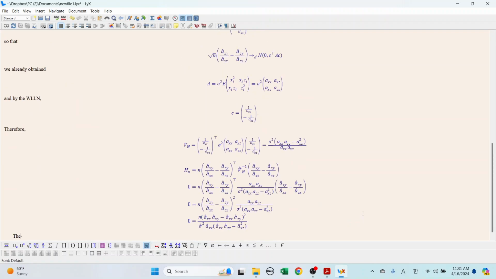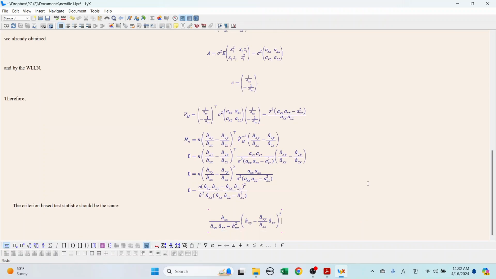So the criterion based test statistic should be the same. But we get this. How different is this from the thing? I'm not sure. So you have to multiply something appropriate. What do you multiply? I'm not certain.